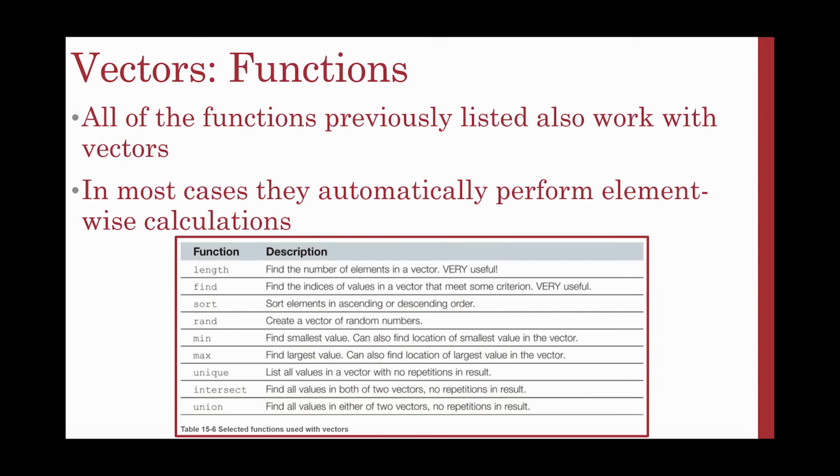We have find, which finds the indices that meet some criteria. We have sort. We have rand, which will create a vector of random numbers. We have min and max, which will find the minimum and maximum and its location. We have unique, we have intersect, which will find the values common to 2 vectors, and we have union, which will find all the values of either of 2 vectors.